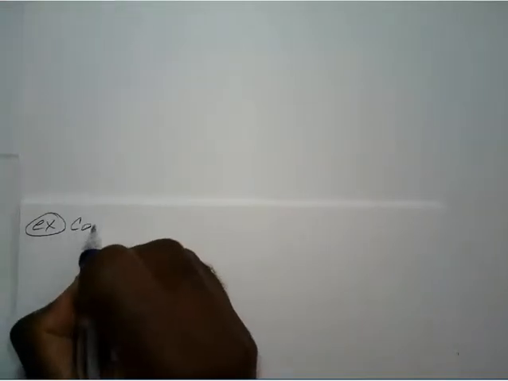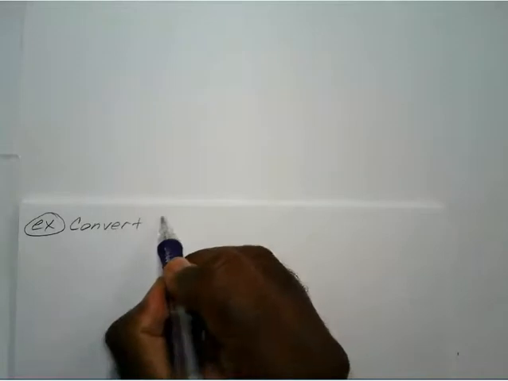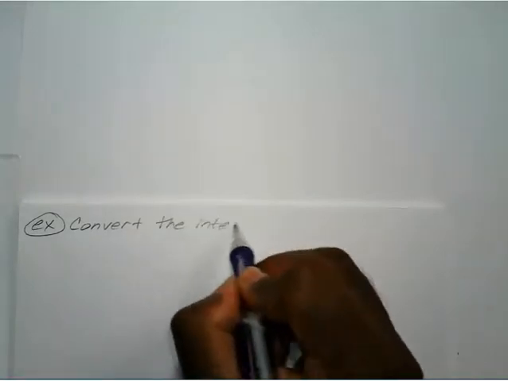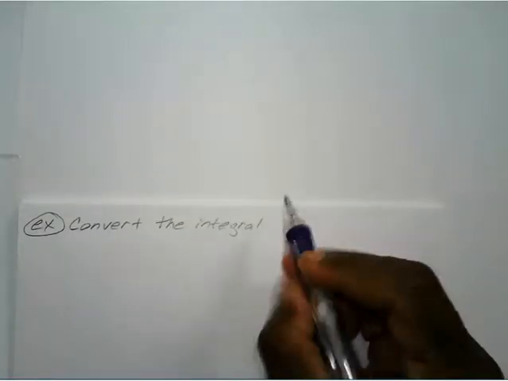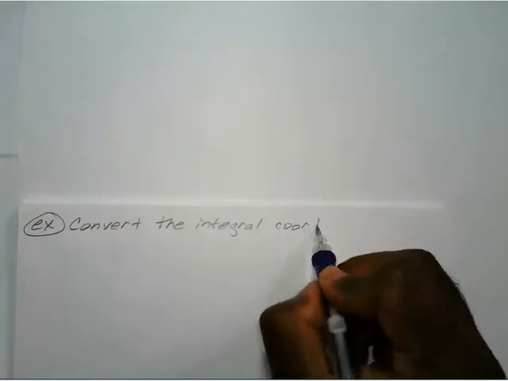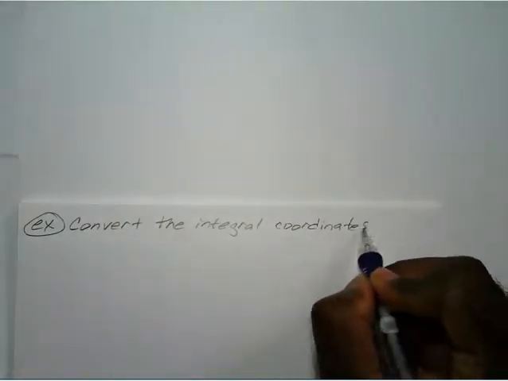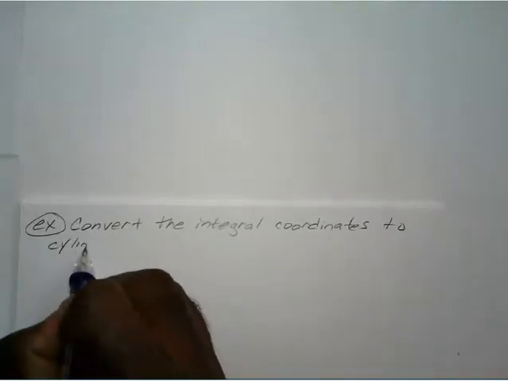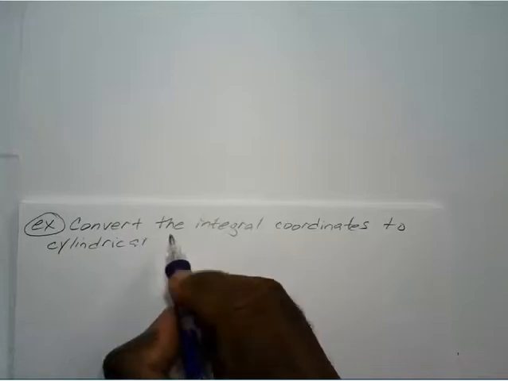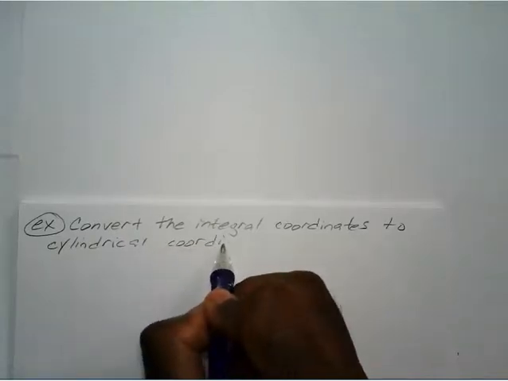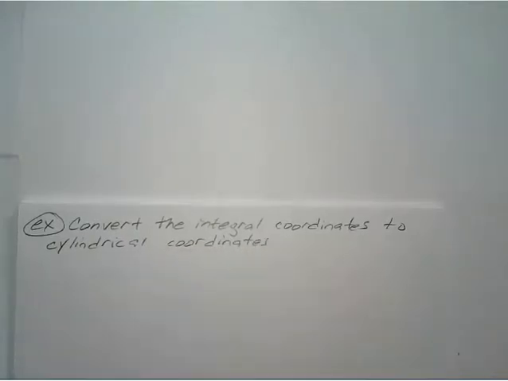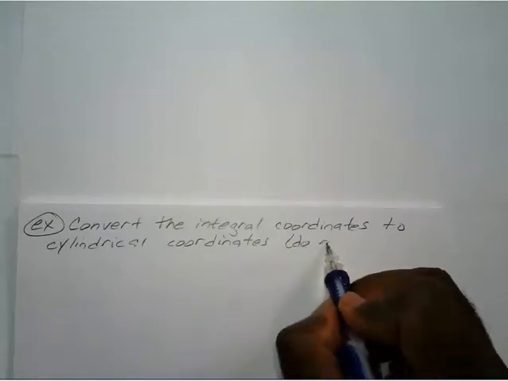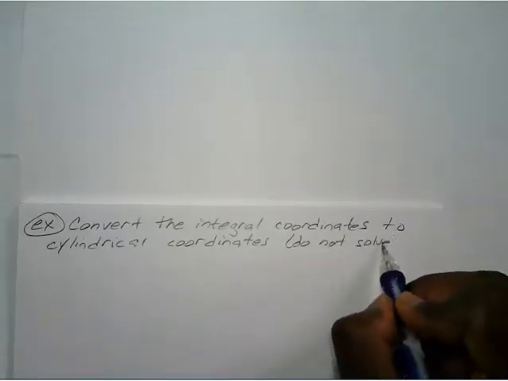All right, so let's say, for example, we want to convert the integral from rectangular coordinates to cylindrical coordinates. Now we don't want to solve it, we just want to convert it.